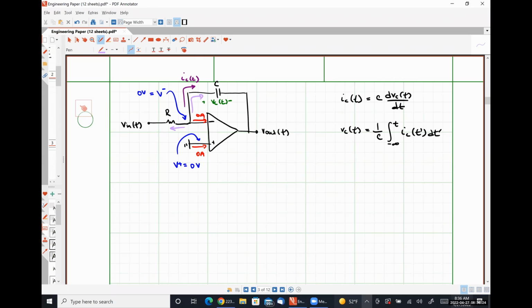So all of these derivations are carried out in literally the exact same way, doing that 3-step process that I detailed in our previous lecture. So we're going to have 0 minus Vn, so negative Vn of t divided by R plus IC of t is equal to 0.